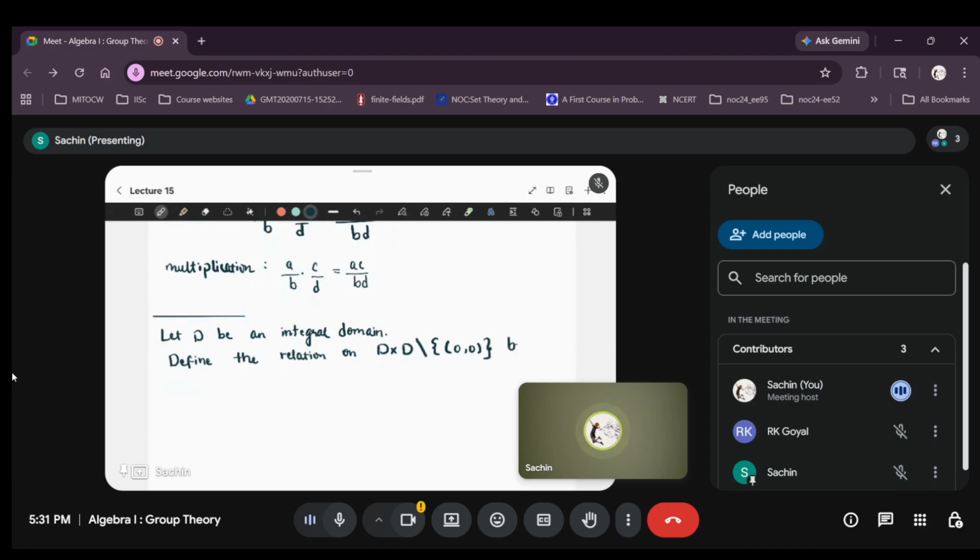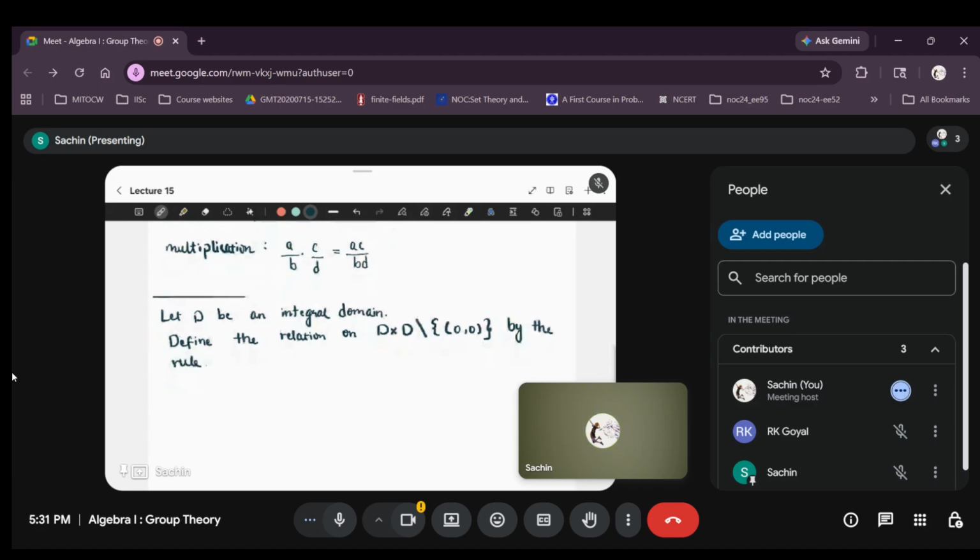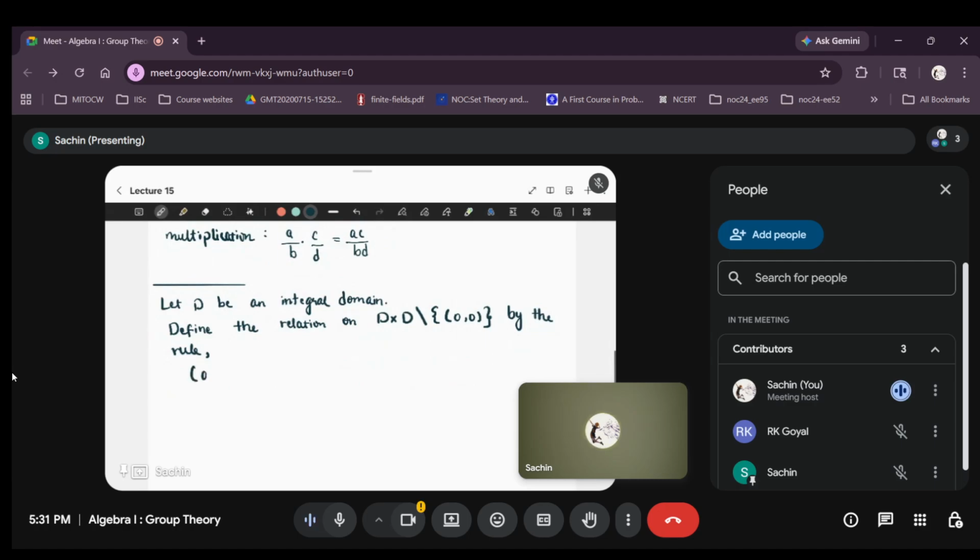We define the relationship by the rule: A, comma B is related to C, comma D if and only if AD is equal to BC.